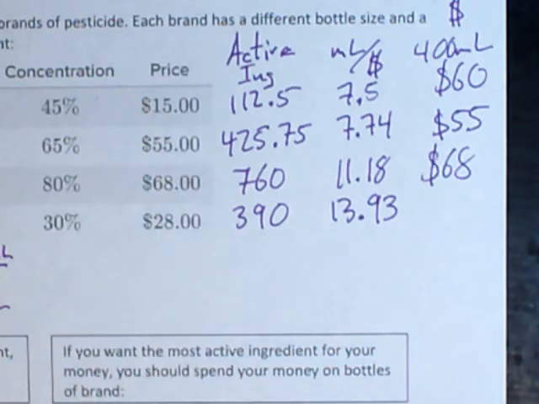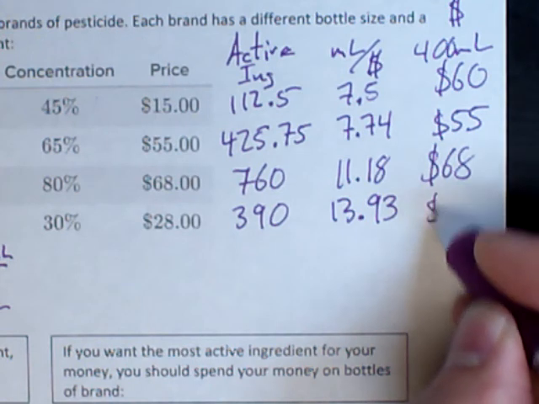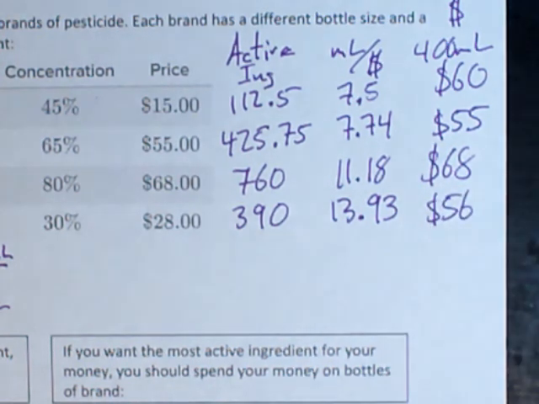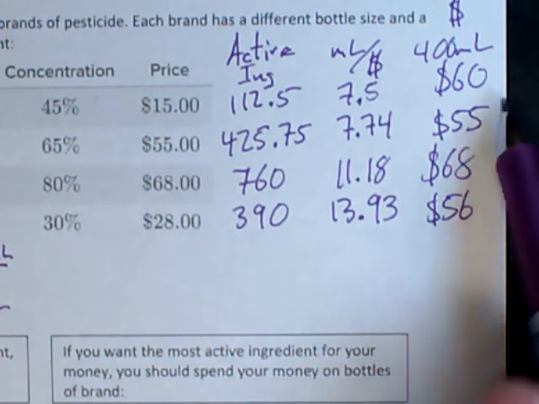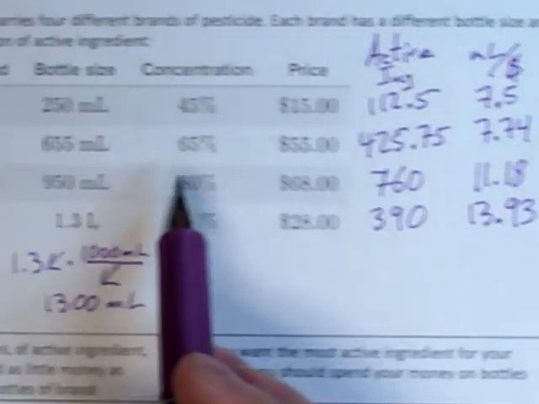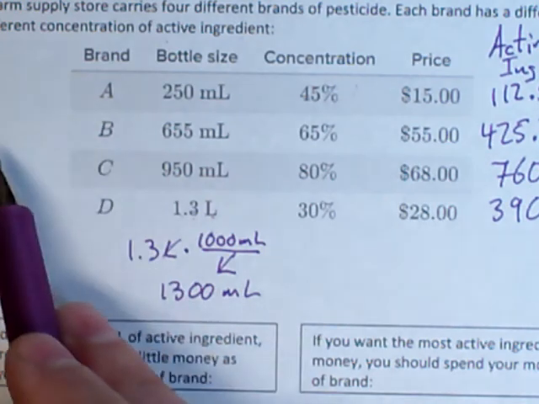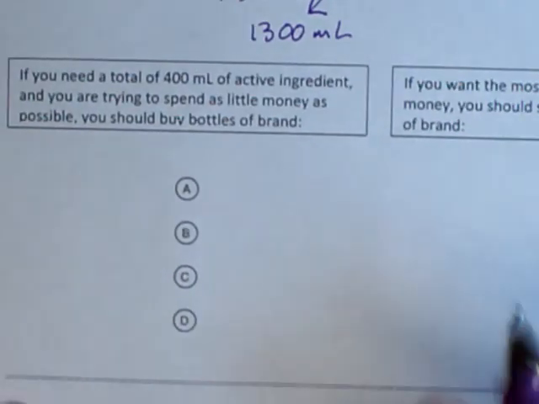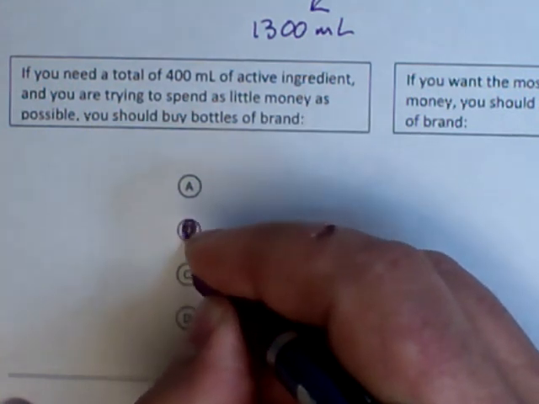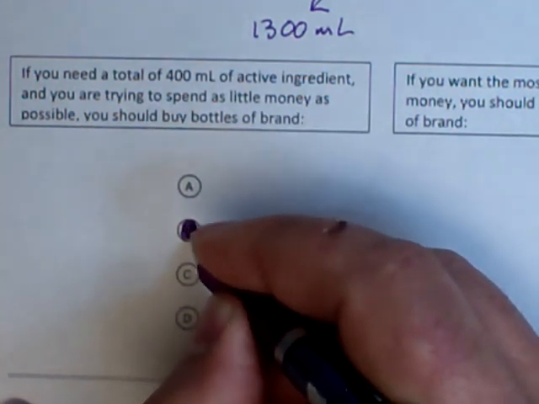So 2 times 28 would be 56. For just 400 milliliters, the cheapest one is brand B. So if all we need is 400 milliliters, we're going to buy brand B. It's $1 cheaper than brand D.